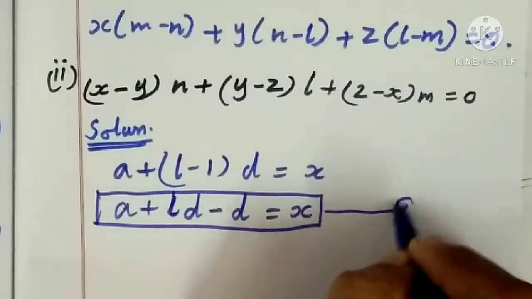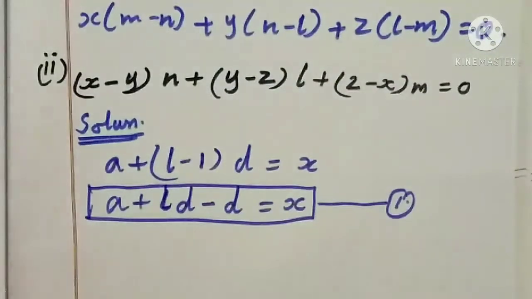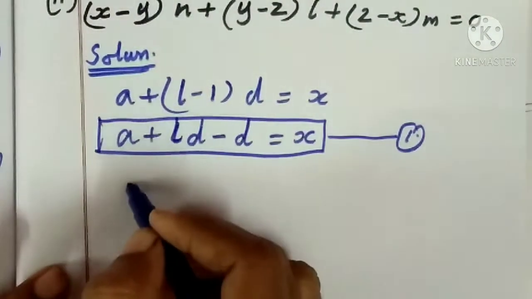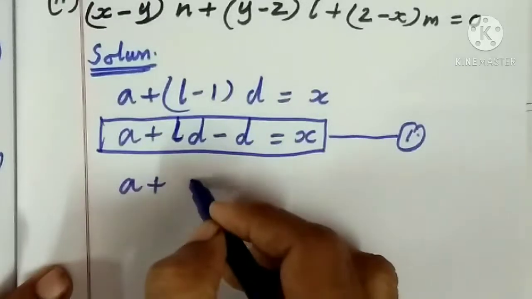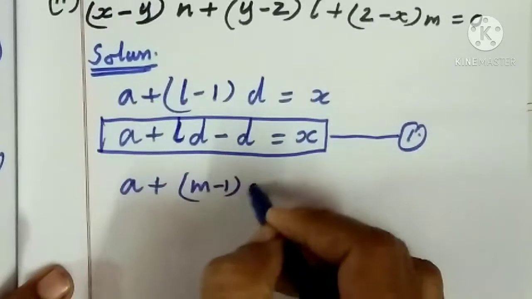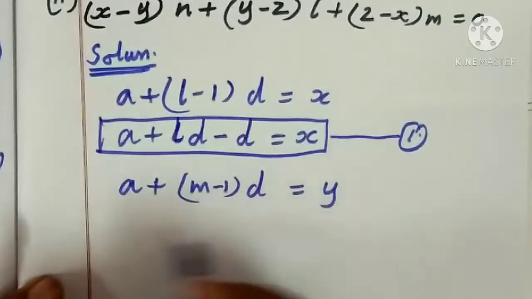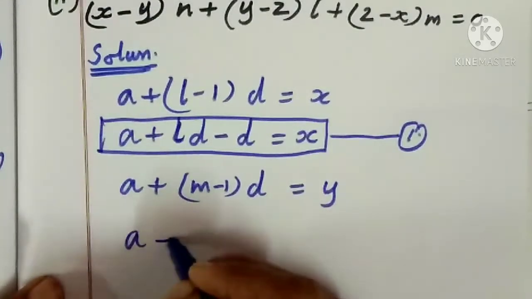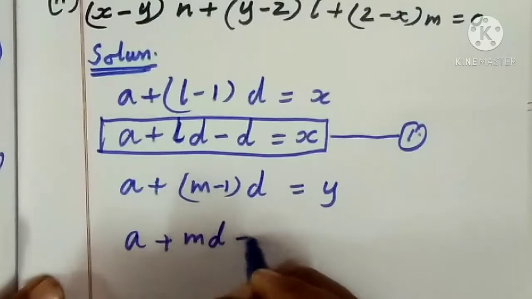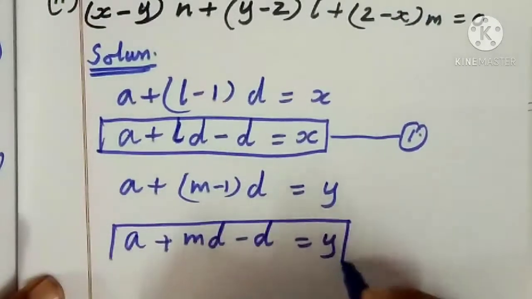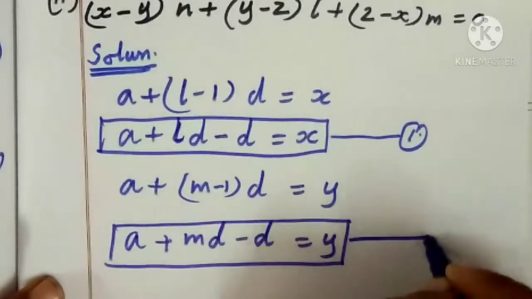This one we take as the first equation. Then next given Tm is equal to a plus m minus 1 into d is equal to y. You have to simplify this, means we get a plus md minus d equal to y. This one you take as the second equation.